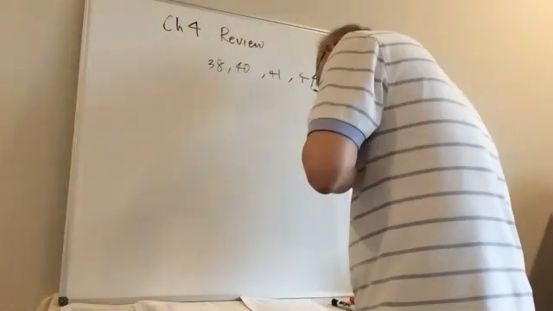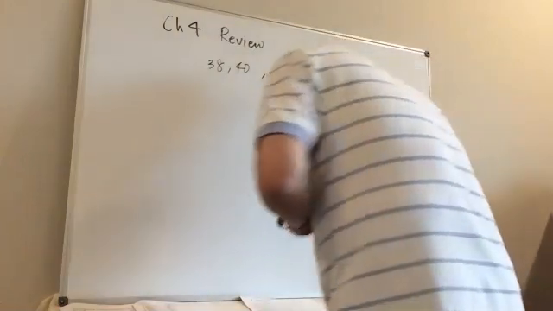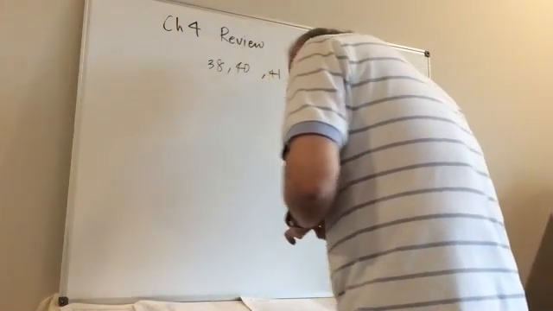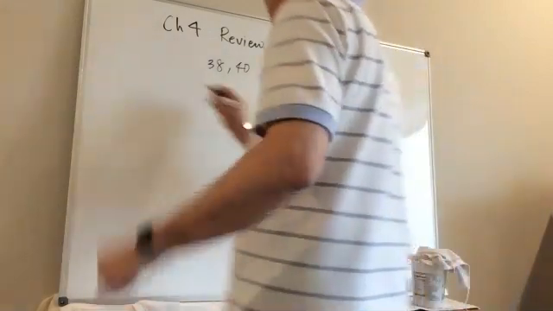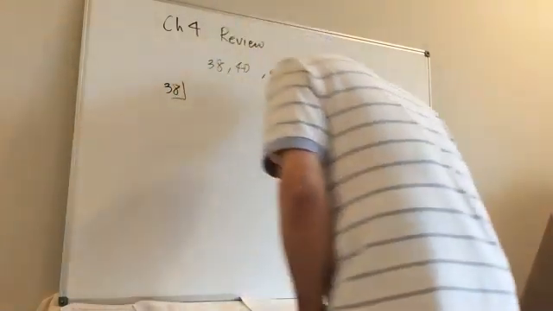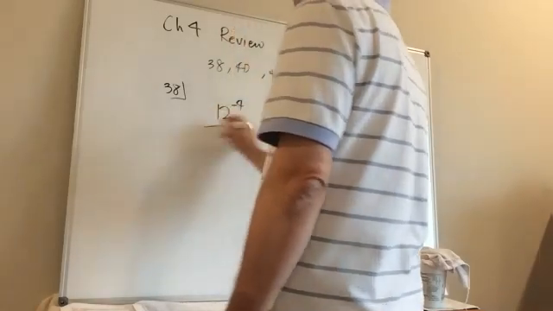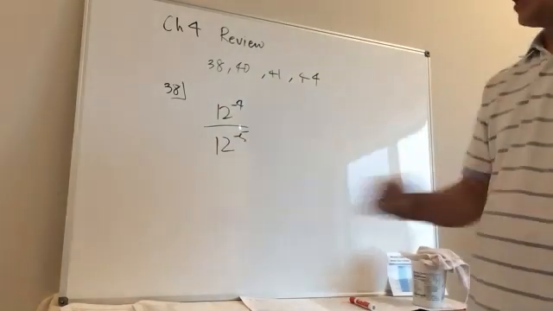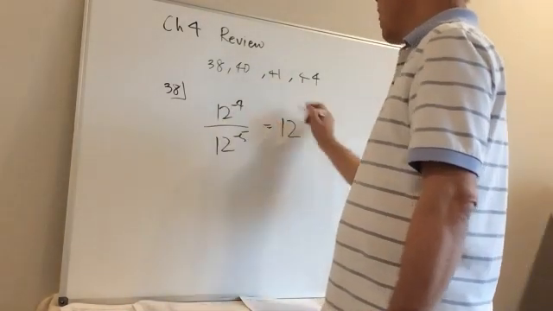Okay, let's see what we can do here. Let's do number 38. 38, find the product or quotient. Write your answer using only positive exponents. So on 38, we have 12 to the negative fourth over 12 to the negative fifth. Okay, we have the same base here, 12. So this is going to be 12 to the negative 4.